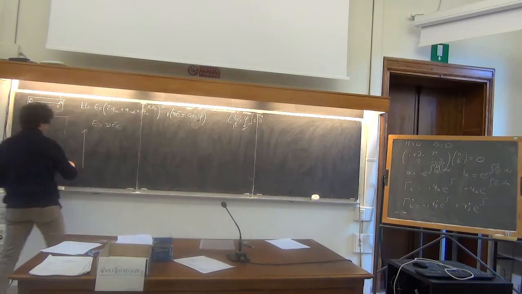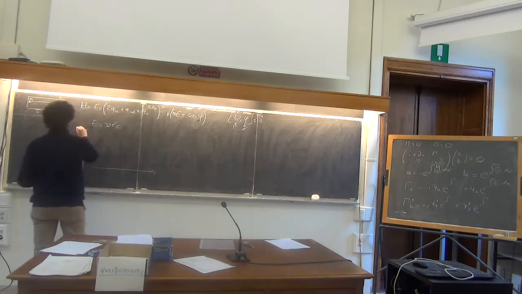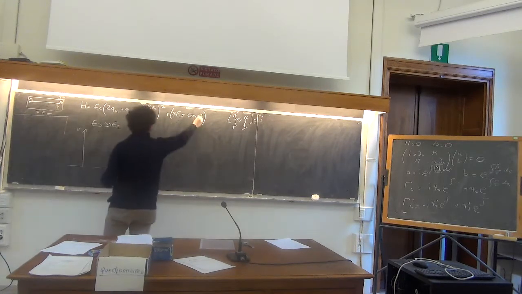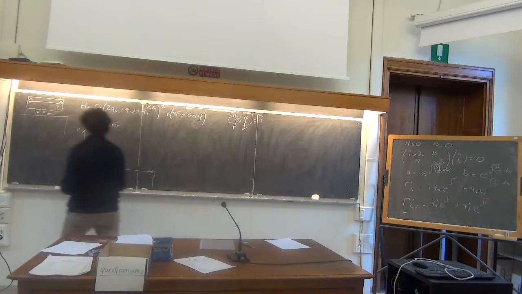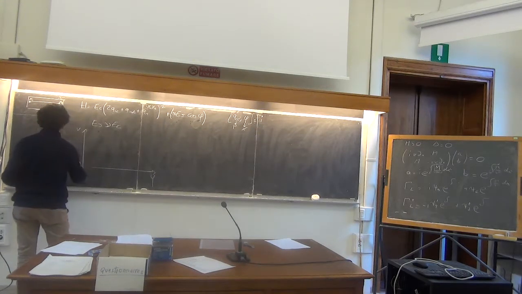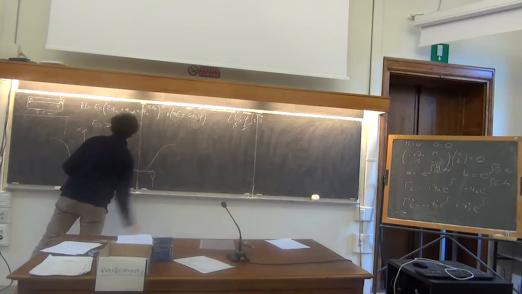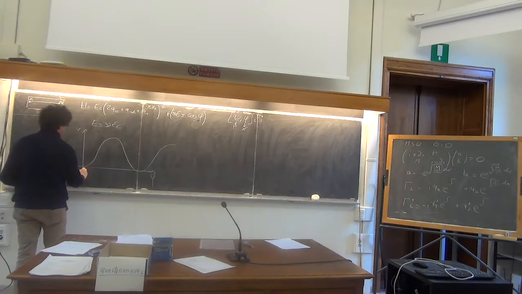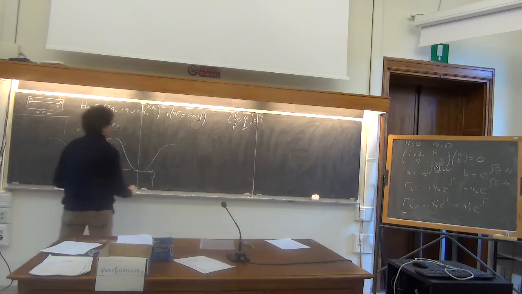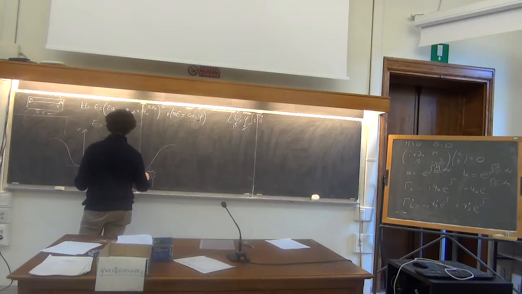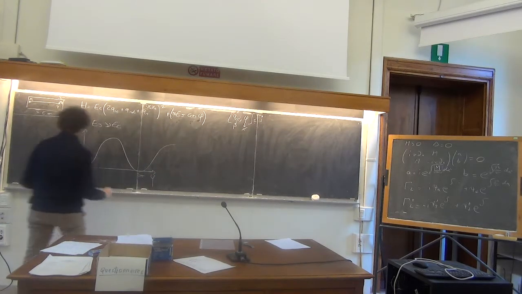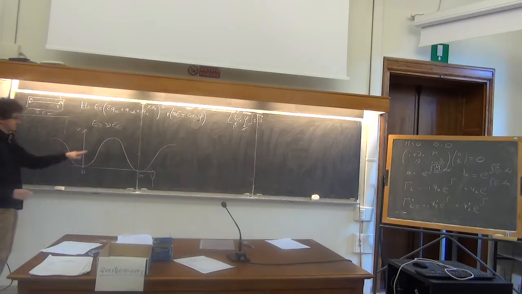So I may plot this potential energy, V, as a function of phi, and you will obtain that this is a cosine, so that in 0 this should be minimized, and in 2 pi it has another minimum. So, of course, this is a cosine potential.